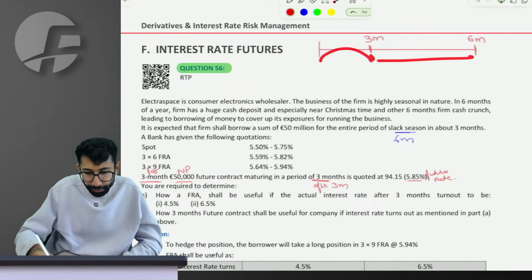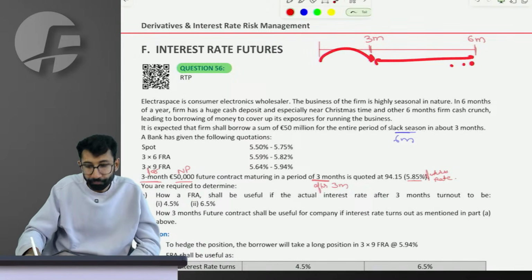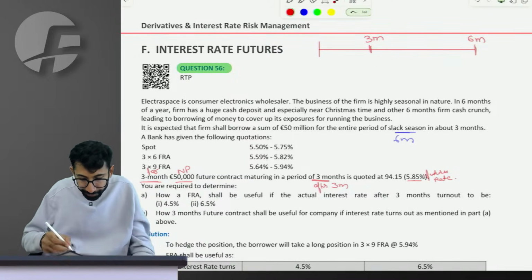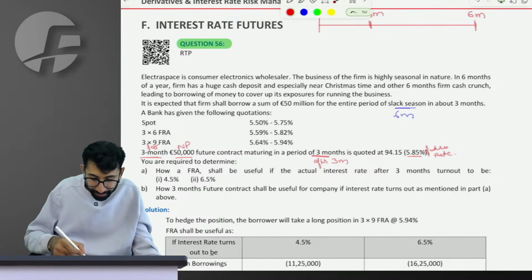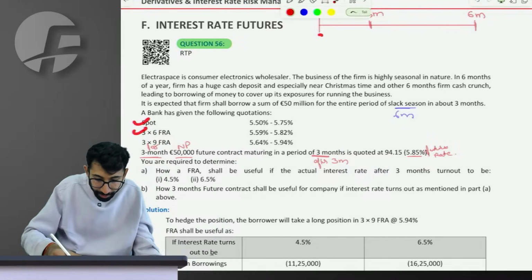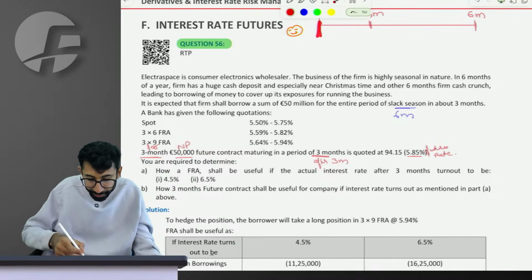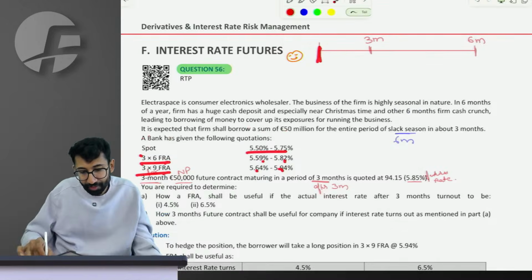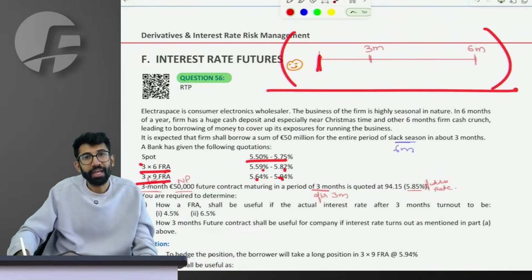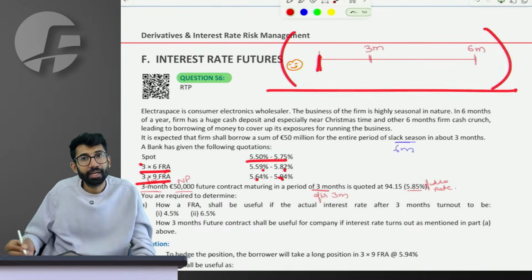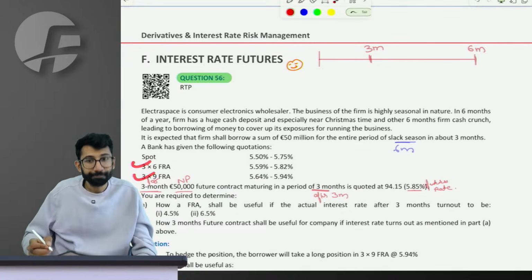After 3 months, for a period of 6 months, I want to borrow. Fine. When I went to the market today, the bank said the spot rate is this, the 3/6 FRA is this and the 3/9 FRA is this. In order to hedge, which FRA do you think I will need, 3/6 or 3/9?